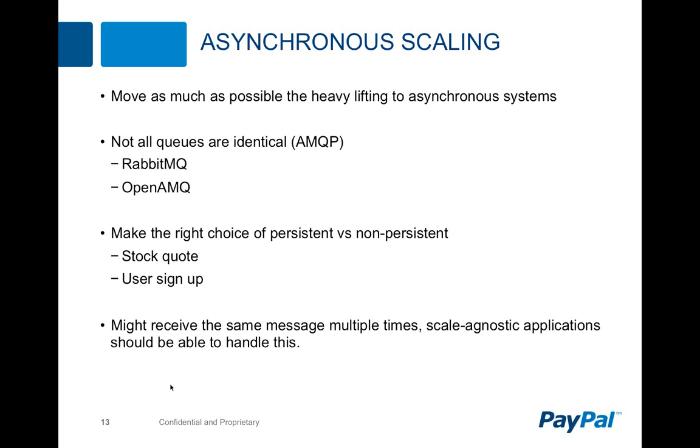So I'll just go down to that as well. Some of the more popular open source compliant ones is AMQP, by the Apache community. There are a couple of implementations: RabbitMQ, OpenAMQ. Not all queues are identical. If you look at the RabbitMQ implementation versus the OpenAMQ implementation, yes, it meets the specifications, but there are certain intricacies that you have to figure out.